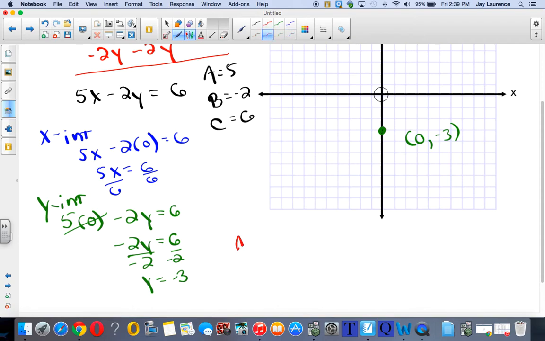Now to get my slope, I'm going to take the negative of A over B. Well, the negative of A is -5, B is -2, that's going to equal 5 over 2. So I'm going to rise 5, 1, 2, 3, 4, 5, and run 1, 2. And then I could do it again.